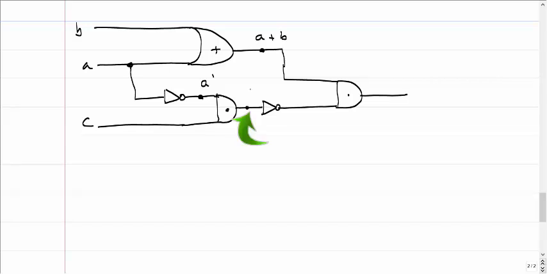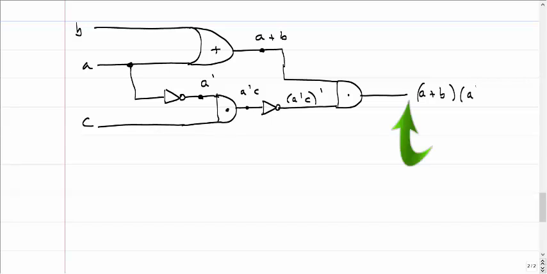At this point, we would have A complement ANDed with C. At this point, we would have A complement ANDed with C, and all of that complemented. And then finally, we would have A or B ANDed with A complement C, all complemented.